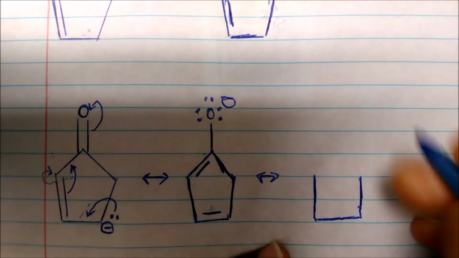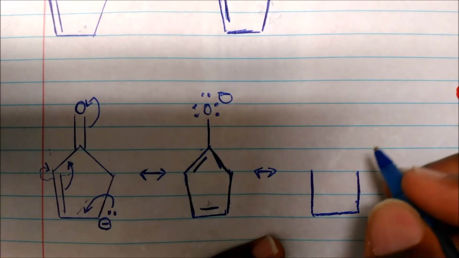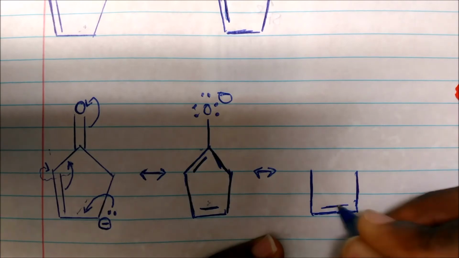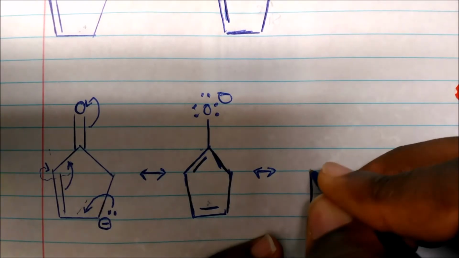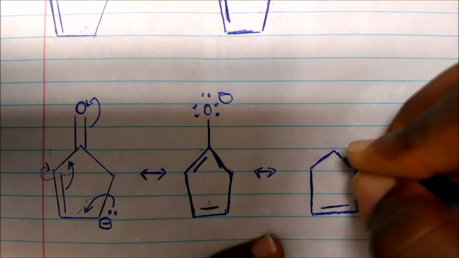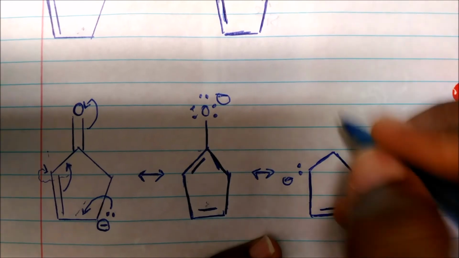So looking at this, flinging these electrons in will give me a double bond here. Give me a double bond here, and just fling those outside. Fling these lone pairs outside, which now gives me a minus on this carbon.